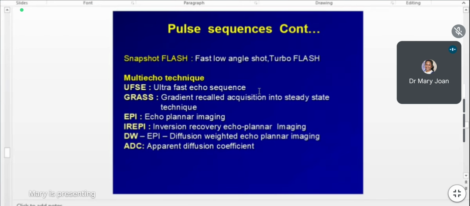Multi-echo techniques are UFSE, ultra fast spin echo sequence; GRASE, gradient recalled acquisition in steady state technique; EPI, echoplanar imaging; IR-EPI, inversion recovery echoplanar imaging; DW-EPI, diffusion weighted echoplanar imaging; and ADC, apparent diffusion coefficient.